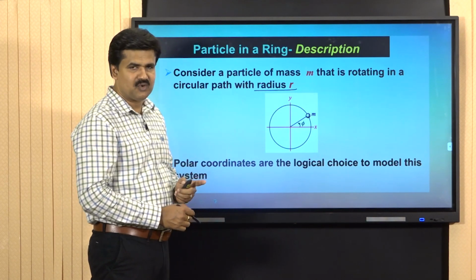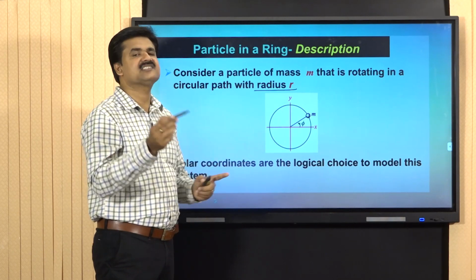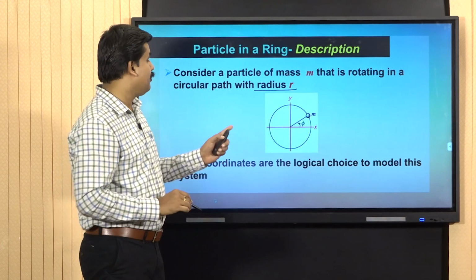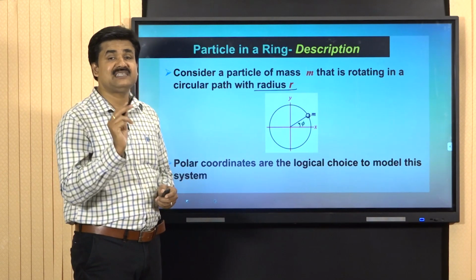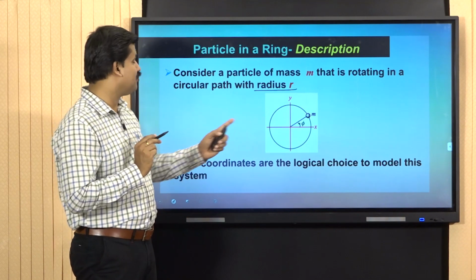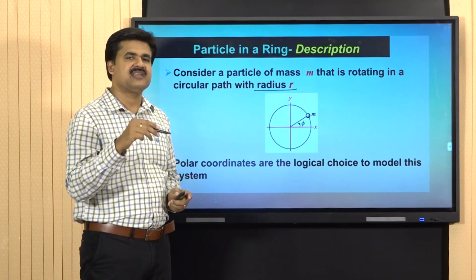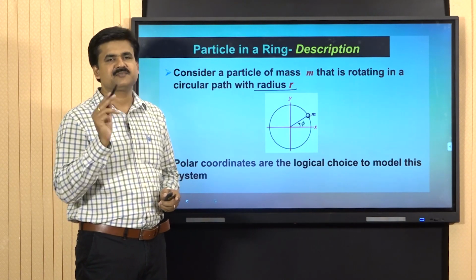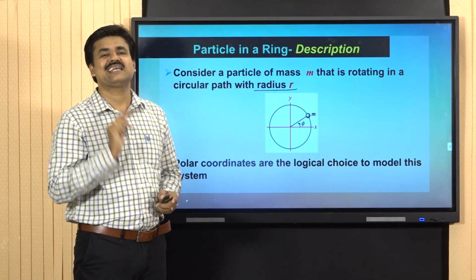M is the mass of the body, it executes rotational or circular motion, and the radius of the circular path is small r. It should be noted that polar coordinates, that is spherical polar coordinates, are the better logical choice to model this system. That means the Schrodinger wave equation and related parameters can be expressed in spherical polar coordinates more conveniently for the particle in a ring problem.